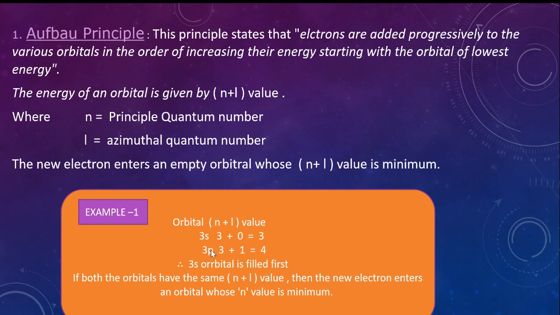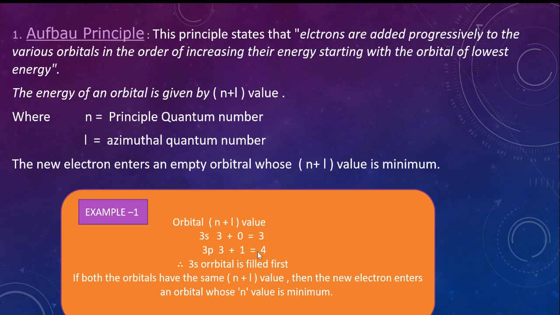If we take 3p, then the n value is 3 because it is in the third orbit, and the l value is 1 because l for p is 1. If we sum up, we get 4. That means out of 3 and 4, 3 is the lesser value. So the electron first enters the 3s orbital and then the 3p orbital.